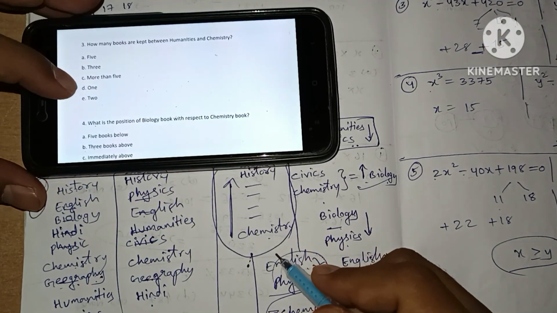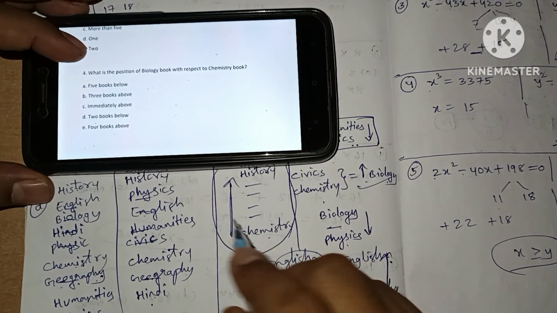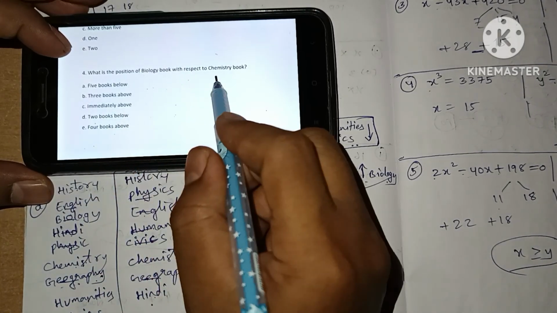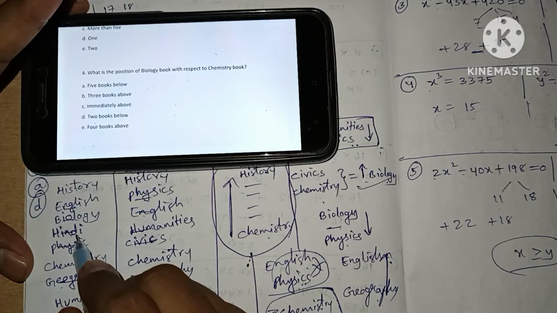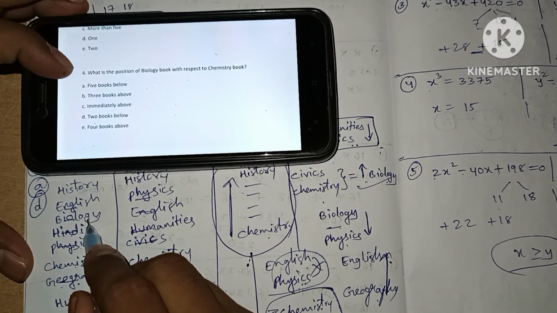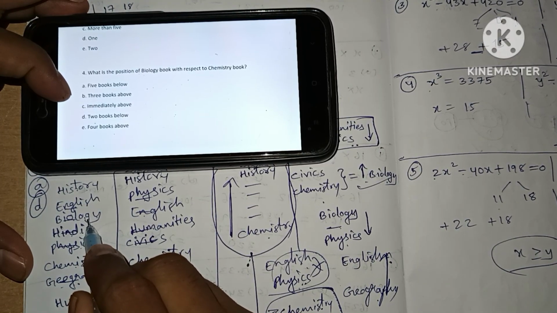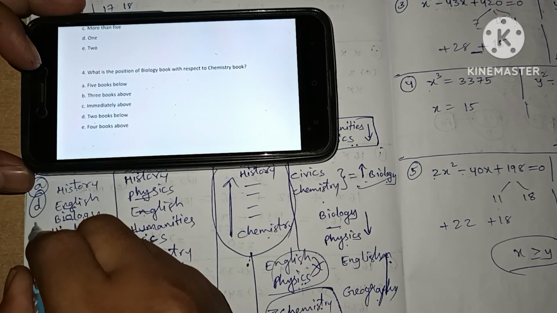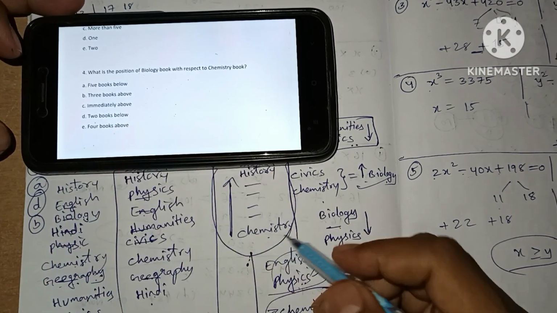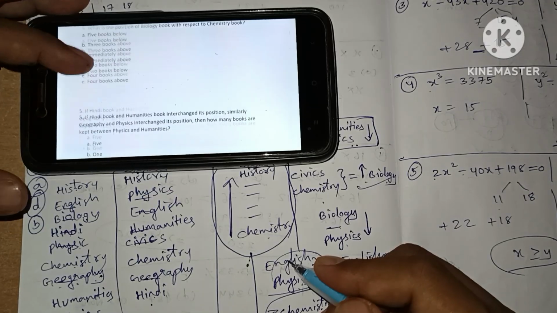Next, fourth question. What is the position of biology book with respect to chemistry? With respect to chemistry, biology book is 3 books above chemistry. So answer is option B. Okay. Next, fifth question.